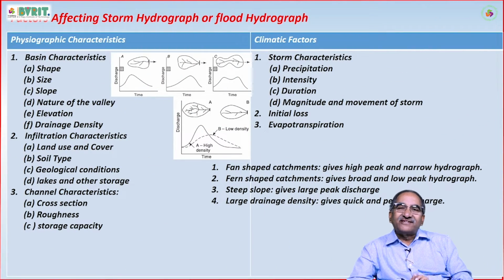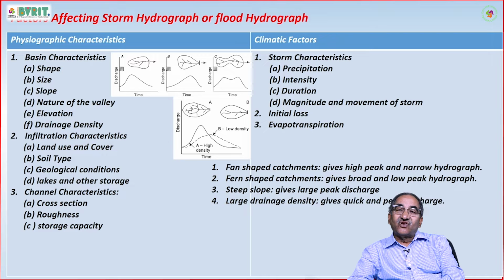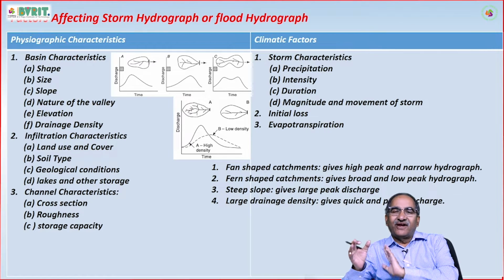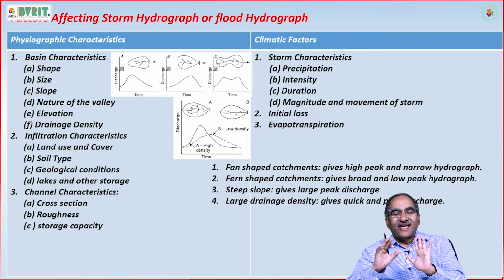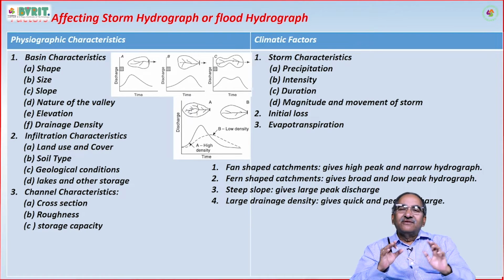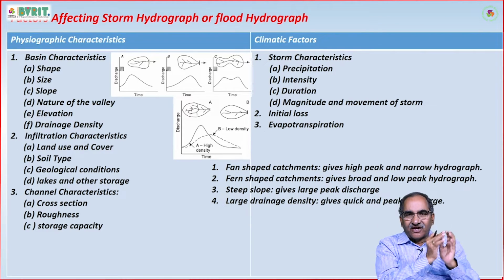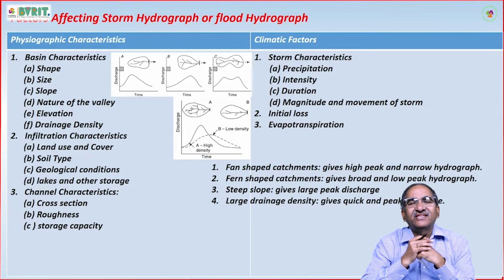So what are the factors affecting a storm hydrograph or flood hydrograph? The hydrograph generally available to us is called a storm hydrograph or flood hydrograph. For example, a storm has occurred, maybe over a period of 3 hours.